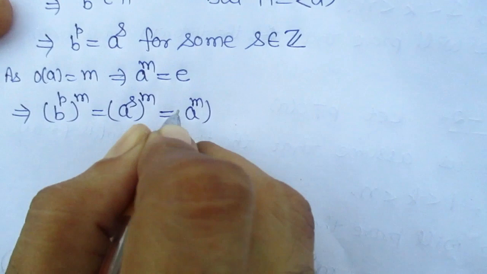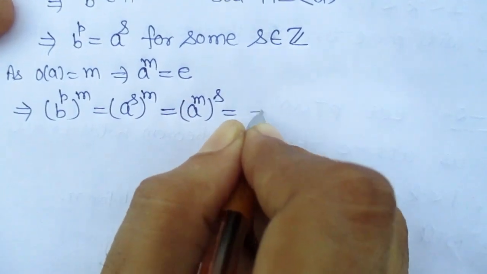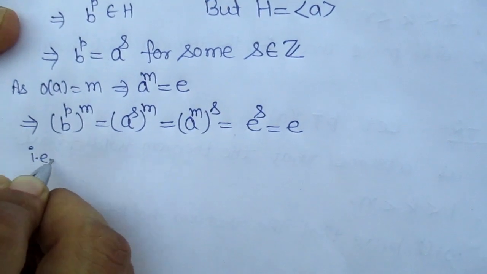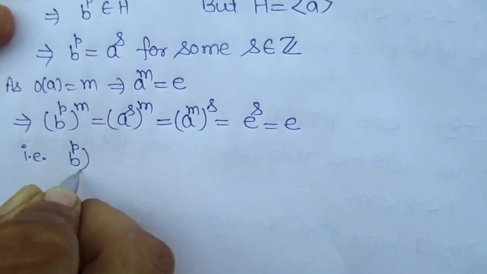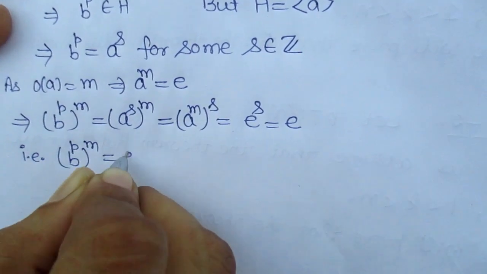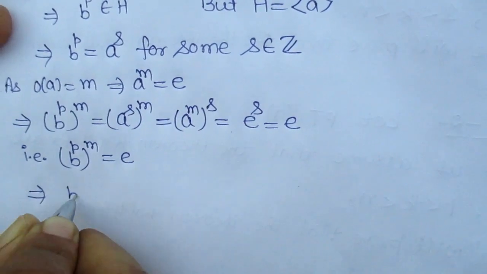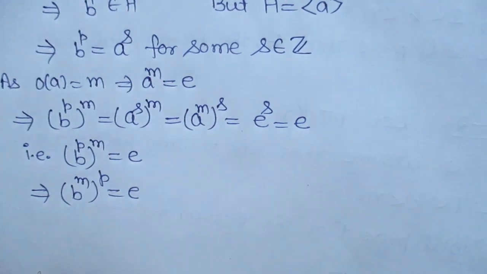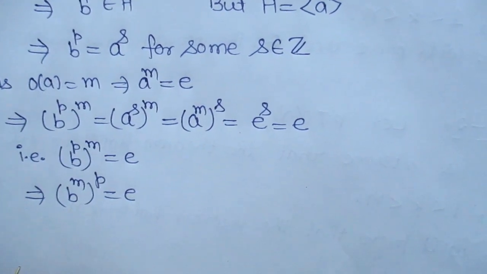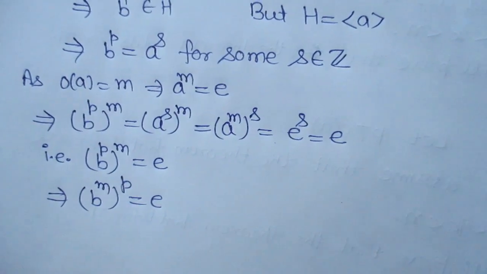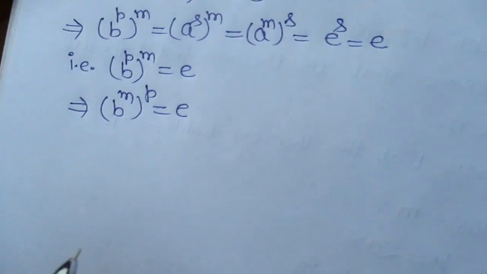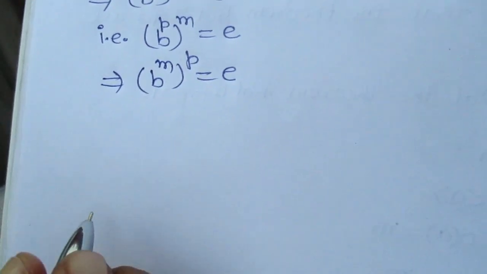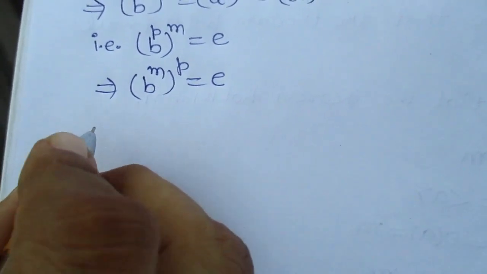So it means b raised to power pm is equal to identity. So it means (b raised to power m) raised to power p is equal to identity. अब यहाँ पर दो केस फिर से अराइज हो गए.